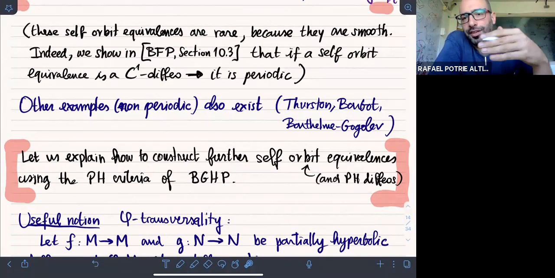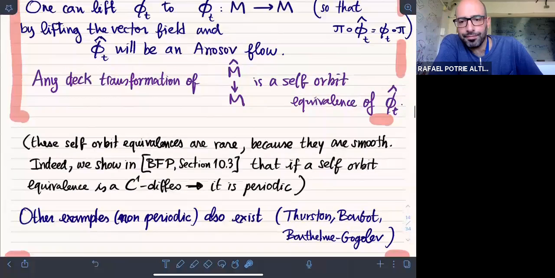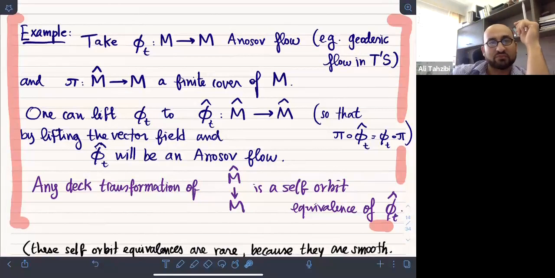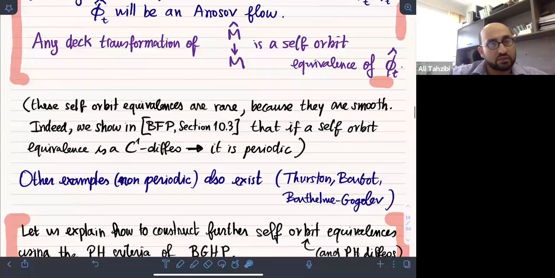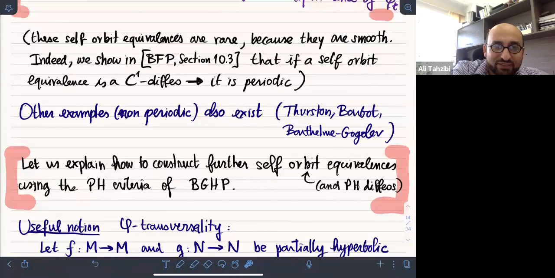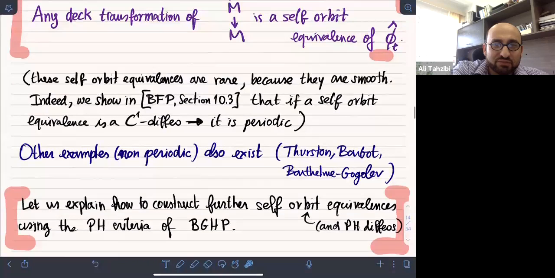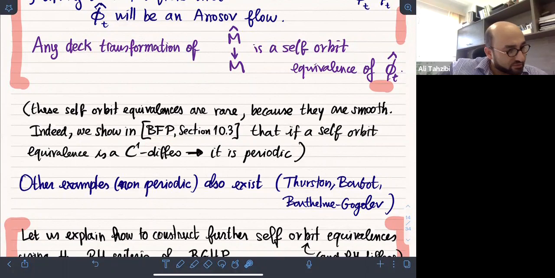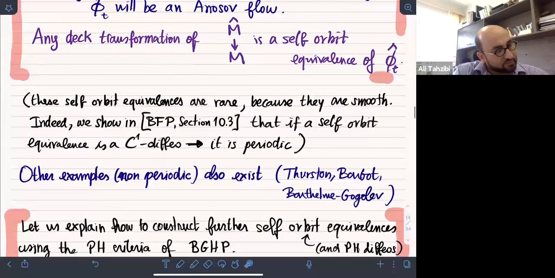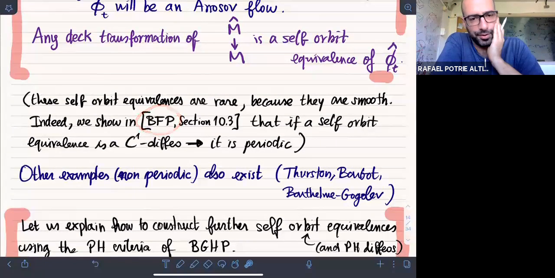Essentially, it means that it's like this example, where you are permuting the transformation. Nice. What is the paper? This is the paper the mini course is about. It's called Collapsed Anosov Flows and Self-Orbit Equivalences. Yes, I will mention this paper later.